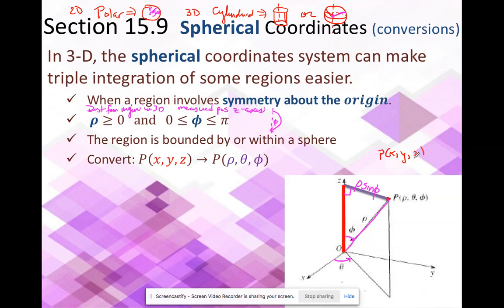Hopefully that's not too much of a stretch either with this triangle that I drew up in 3 space to see that z is equal to rho times cosine of that angle up in 3 space. Right? Check.